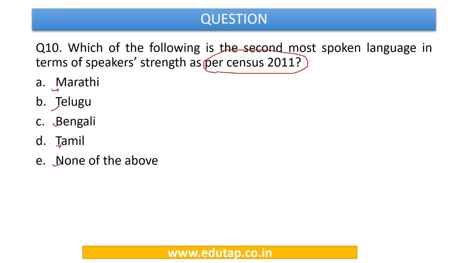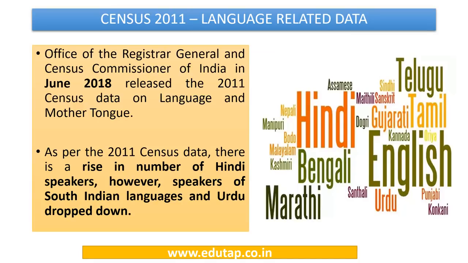To answer this question, we must have an idea about the distribution of population of different languages in the country. Census 2011 language related data was presented by the Office of Registrar General and the Census Commissioner of India in June 2018. So this is very latest.